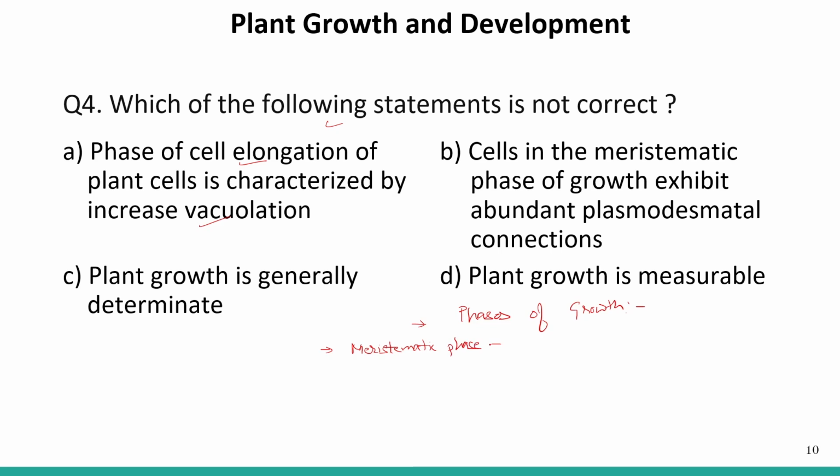During the meristematic phase, what happens? The cells are rich in protoplasm, and they have conspicuous nuclei as well.